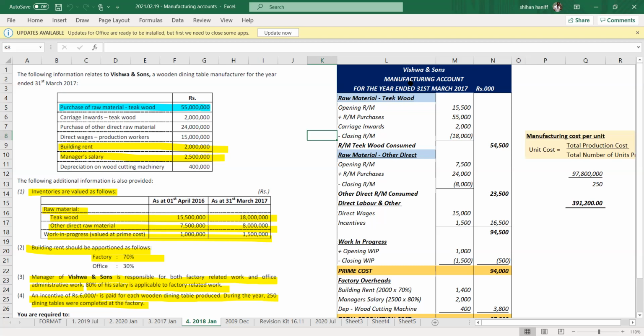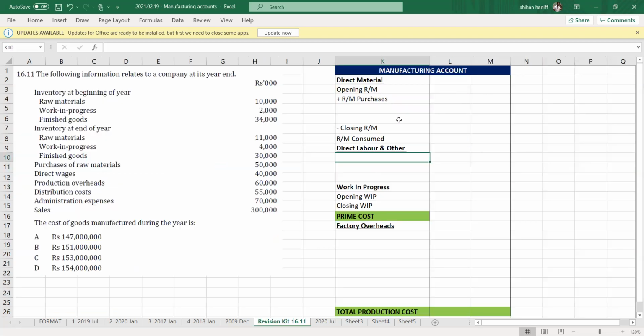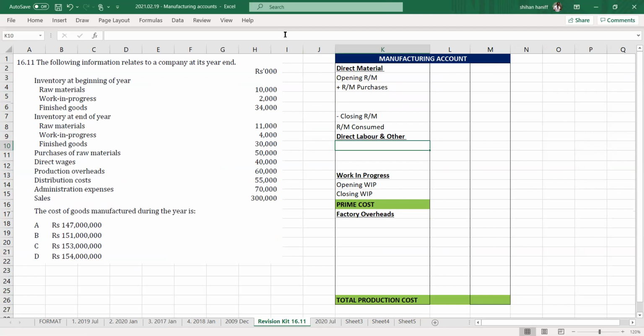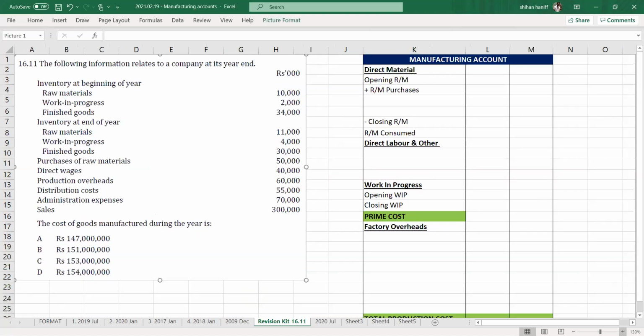Let's do this question. This is actually from one of the chartered papers. So here is the question.